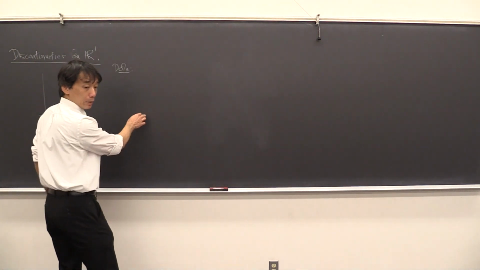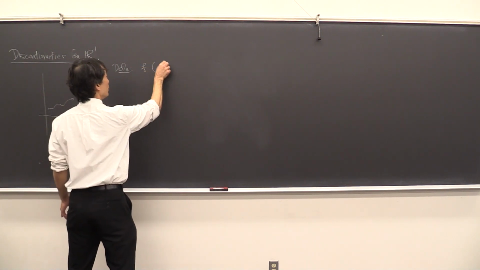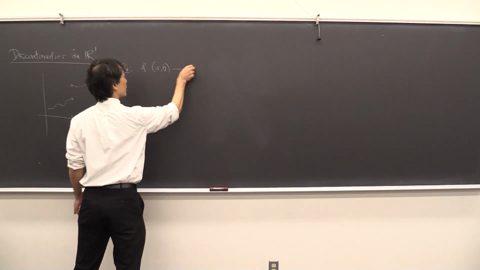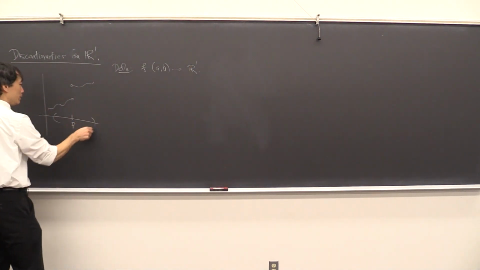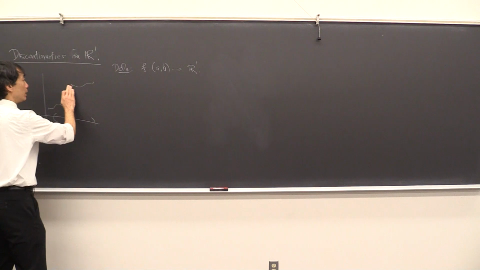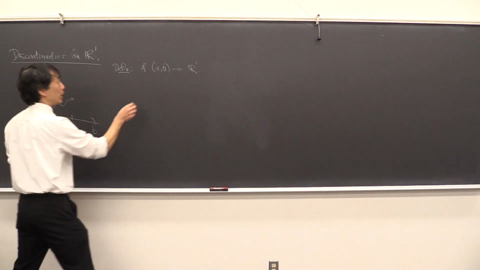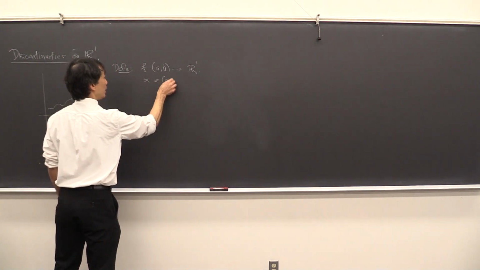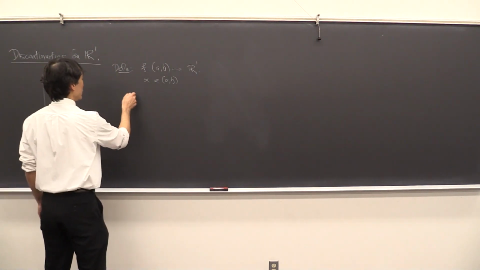We have some function going from an open interval (a, b) into R1. So here's some interval (a, b), and then there's a point x inside (a, b). Okay, and so here's the definition.